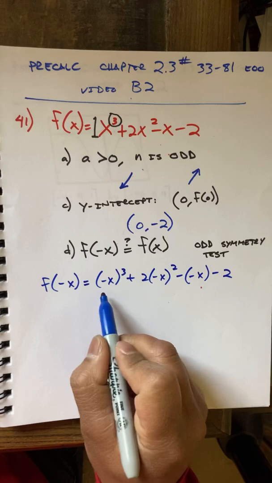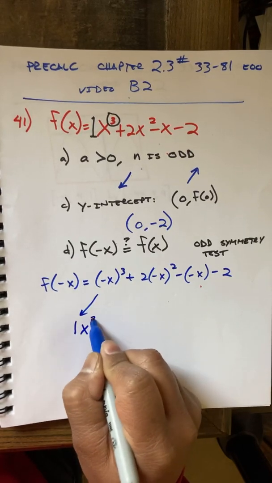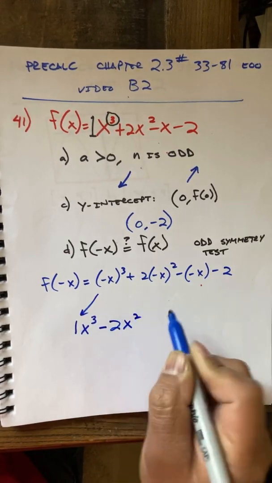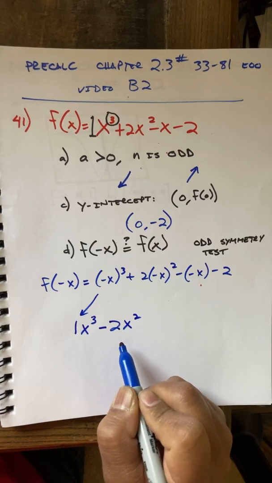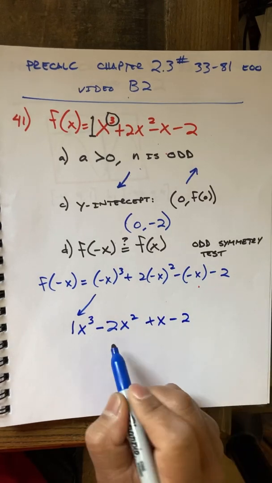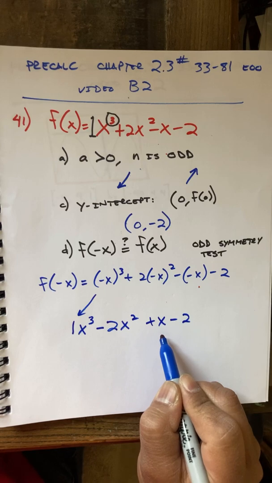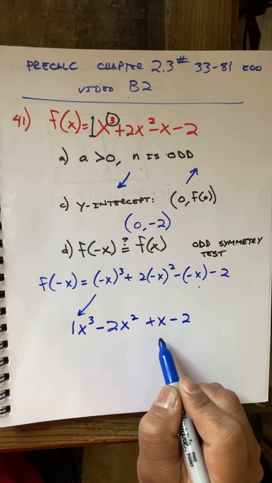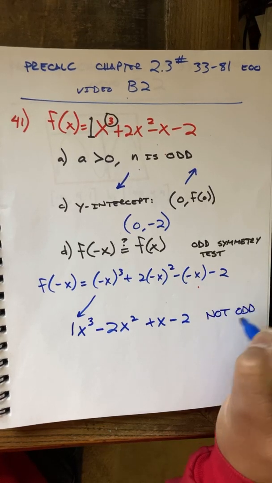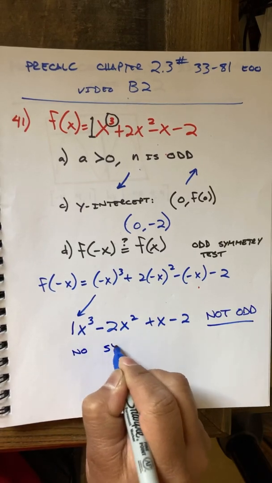If I simplify this, this equals -x cubed plus 2x squared plus x minus 2. So it already fails right here. Because this does not match f of x and this does not match f of x, we have failure, in other words, not odd. So for D, my answer is no symmetry.